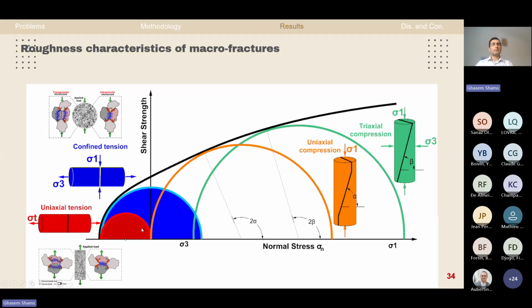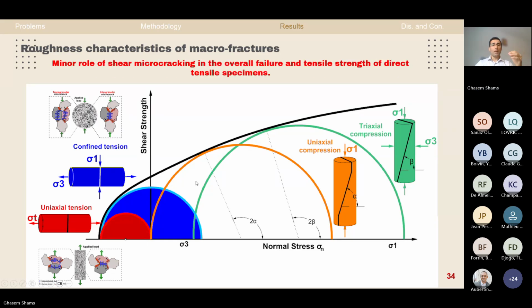All the load is tensile. Therefore, what does it mean? It means that shear microcracks play a minor role in the overall failure and tensile strength of the direct tension specimen. As you can see, the maximum shear strength in this case is much smaller than the maximum shear strength in this case.